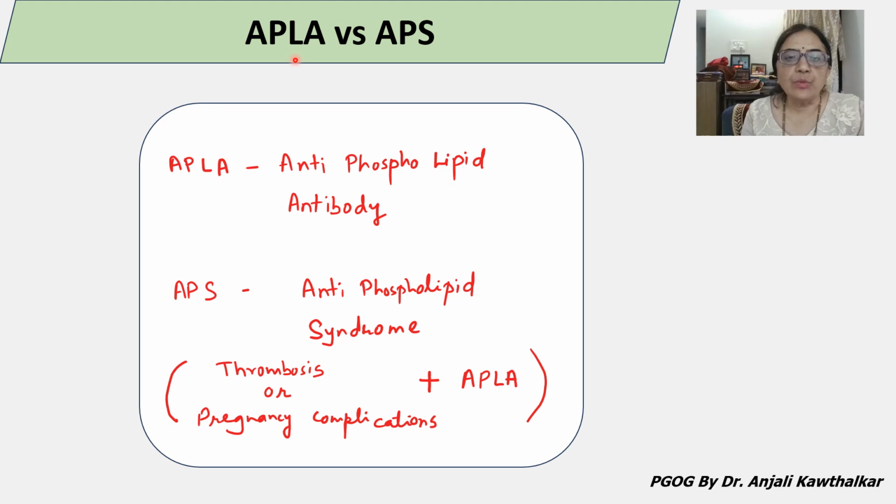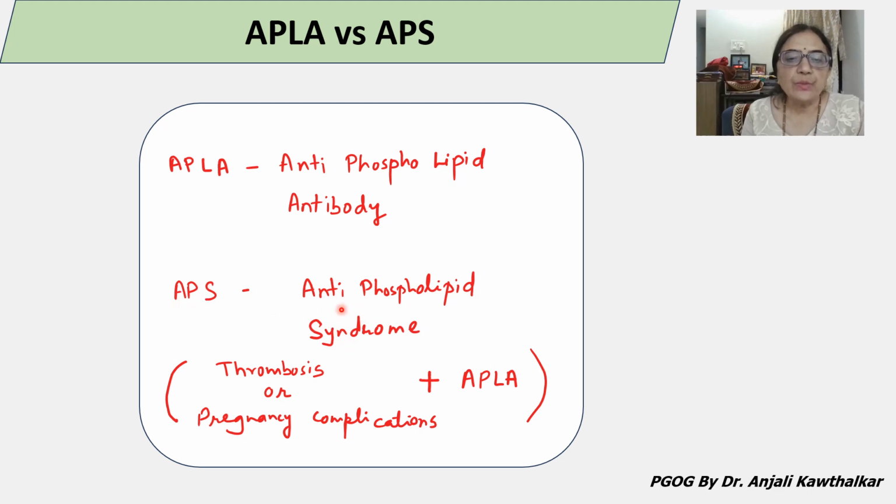aPL versus APS. Now these two terminologies, antiphospholipid antibodies and antiphospholipid syndrome, sometimes we are confused and tend to use them thinking that they are one and the same, but there is a difference. Antiphospholipid antibody is aPL, whereas APS is antiphospholipid syndrome.